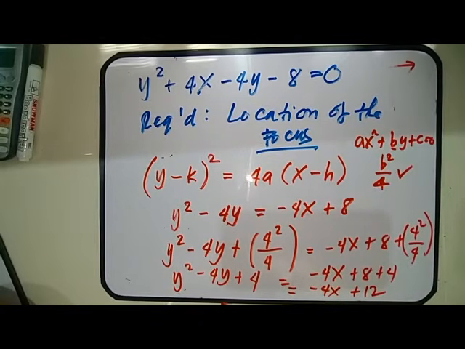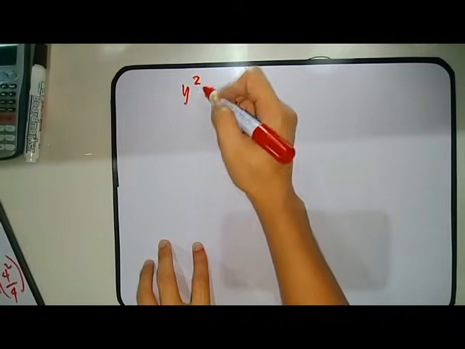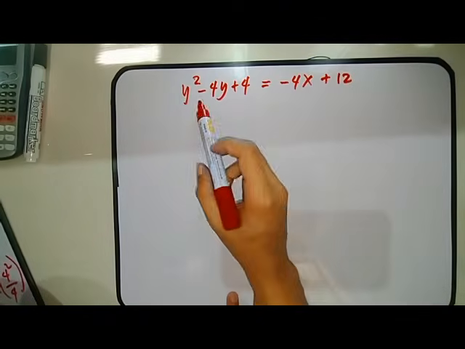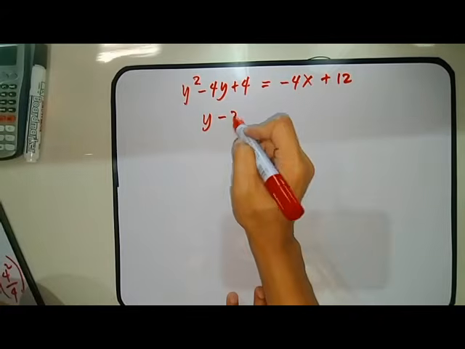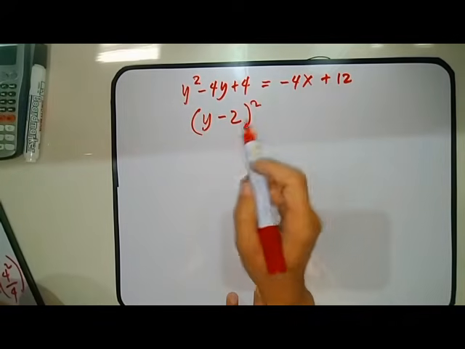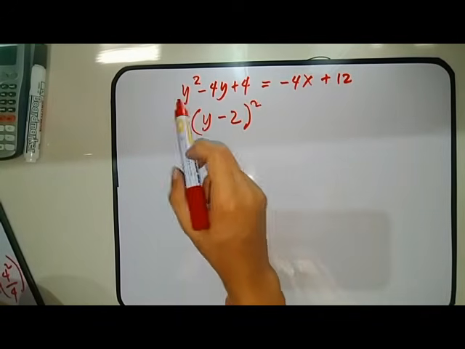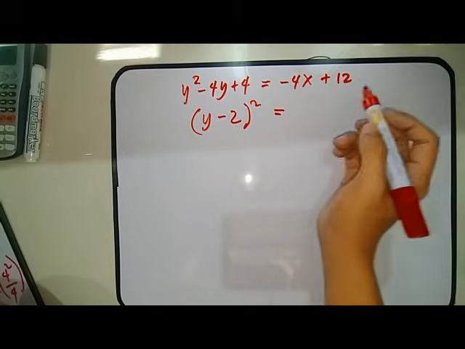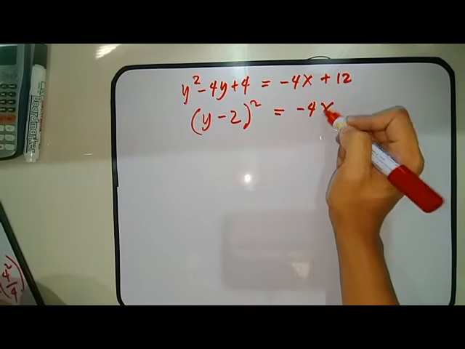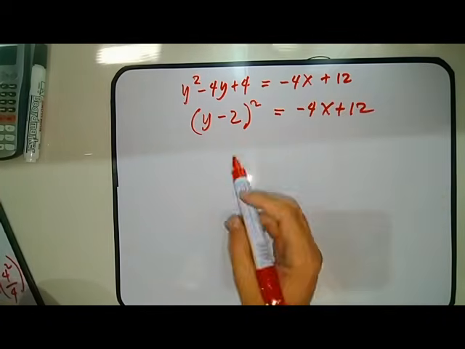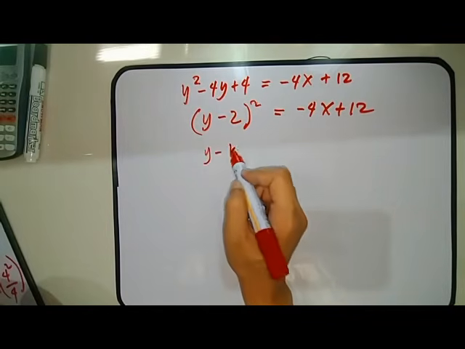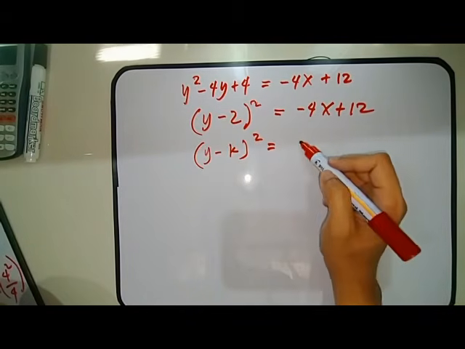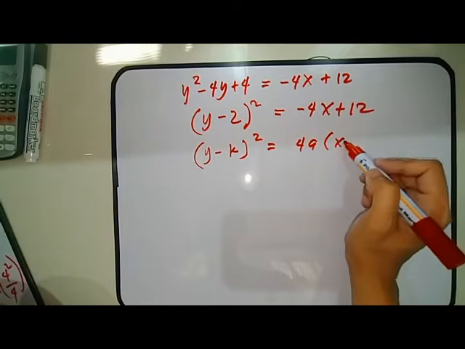Square nito is y minus 2. Yung square niya is y minus 2, so that is squared. So, pag in-expand natin, you will go back here to our original. So, ito equals to negative 4x plus 12. So, yung form niya dapat guys is, you have y minus k squared equals 4a times x minus h.